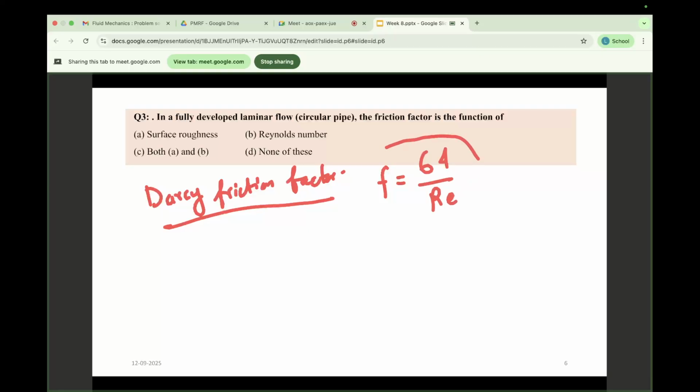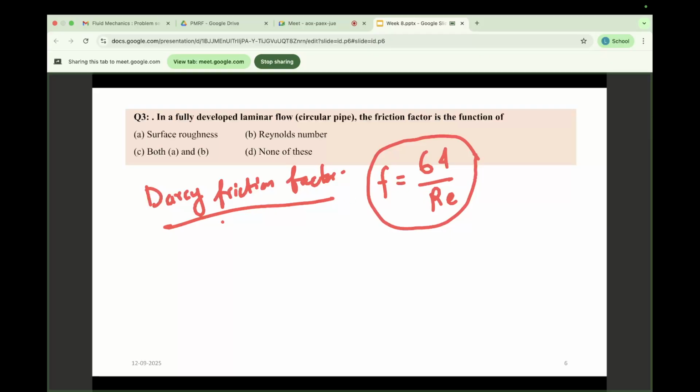That is the formula given by Darcy, so it is known as the Darcy friction factor. It is basically for a fully developed laminar flow in a circular pipe. Always remember, this is only applicable for a fully developed flow, not for other flows like transient or turbulent flow. It should be fully developed laminar flow.